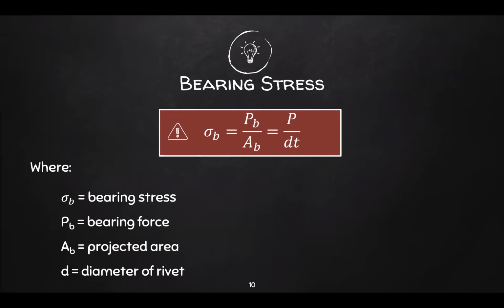And as we discussed earlier, projected area is just the thickness of your plate, or the height of your hole, multiplied by the diameter of your hole, or diameter of rivet. So bearing force over diameter of rivet times thickness of your plate. That's our equation.